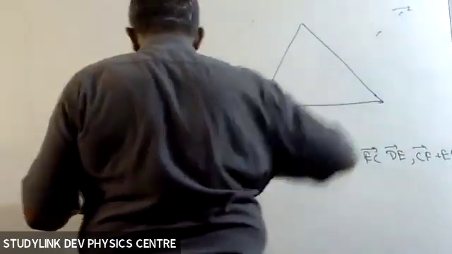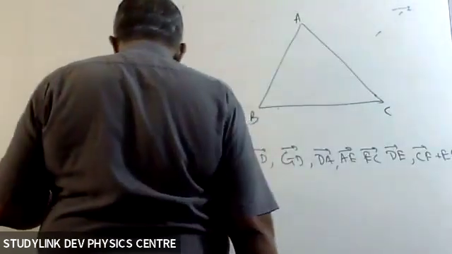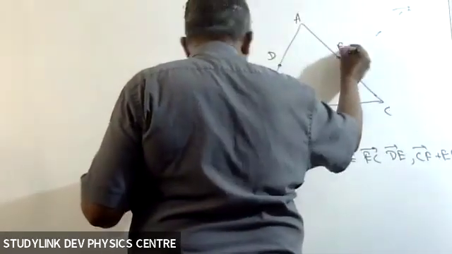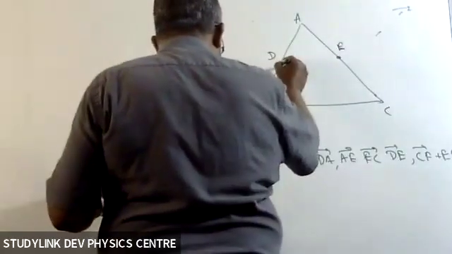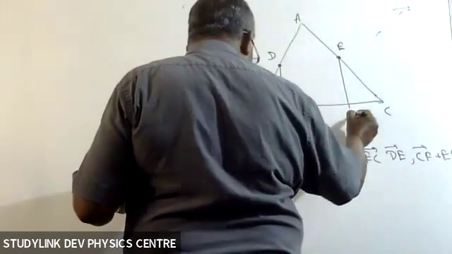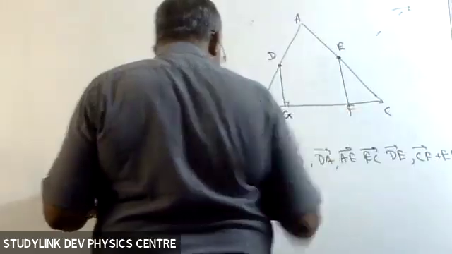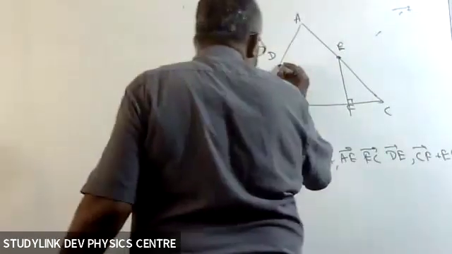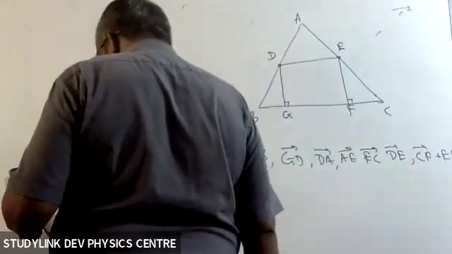It is labeled as A, B, C, and the midpoints are D and E. From these, perpendiculars are drawn downwards, and those two are G and F. This is also perpendicular, and these two points are connected. D is parallel to this one.